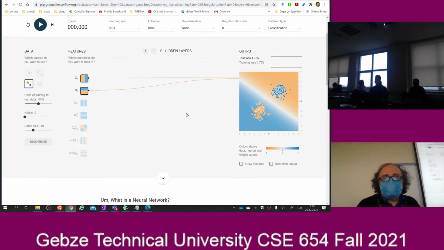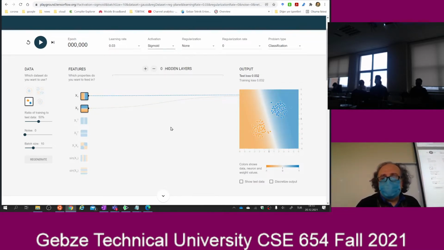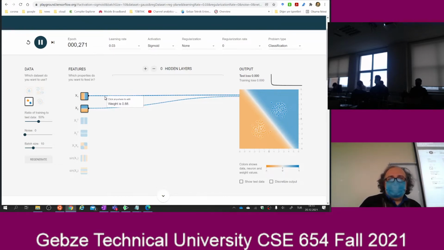And I am asking this tool, okay, find me good values for x1 and x2, and this is what's happening. It says that in a few minutes I am going to give you, and your values will be 0.88 and 0.75, just 2 numbers. Which is very nice.